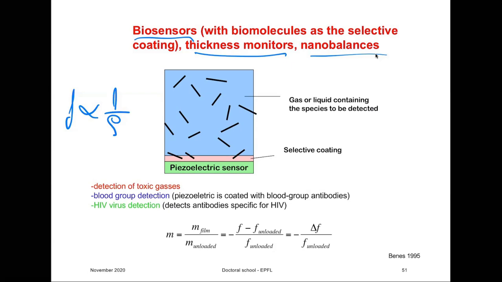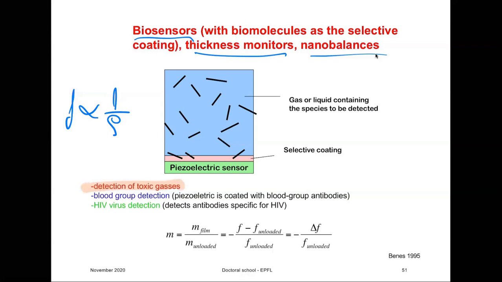You start deposition, and next to your substrate you put a quartz sensor on which you are depositing the same material that you are depositing on your substrate, and from the shift in the frequency, if you know the density of the deposited material, you can actually calculate the thickness of the film that you are depositing, and this works reasonably well.